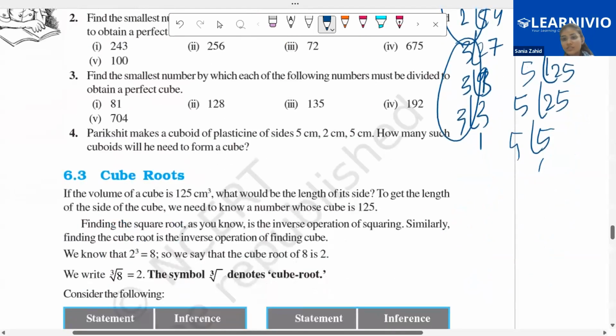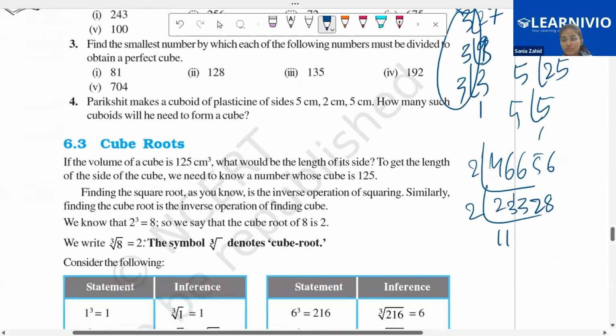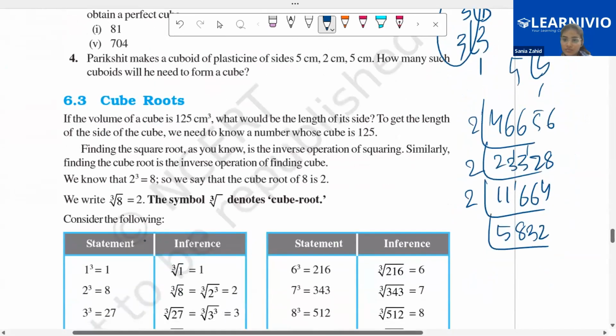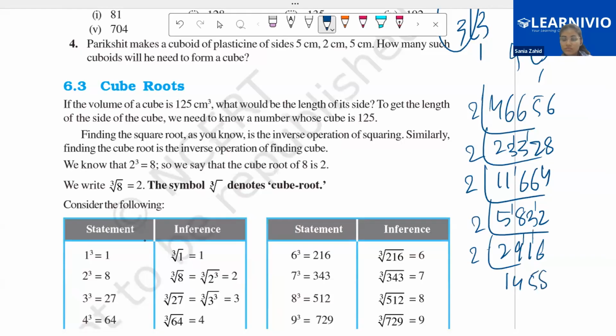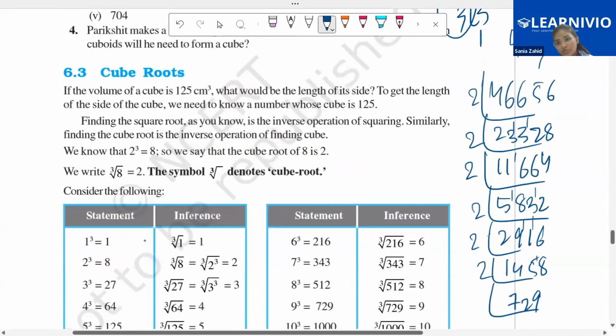And then 46656. We'll do, we have how many pairs of 2?